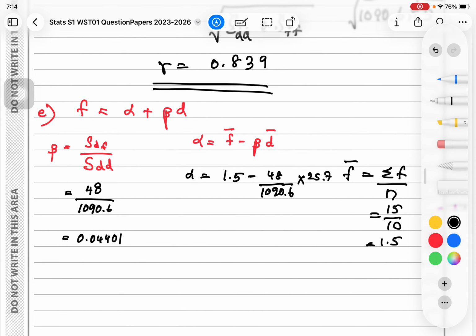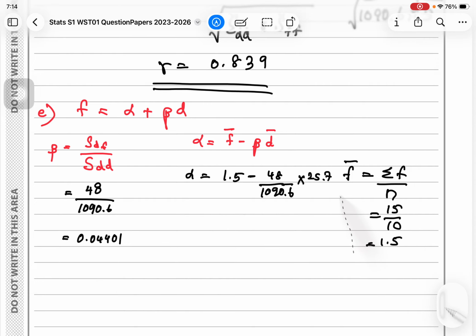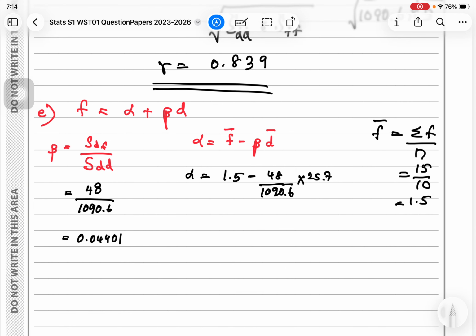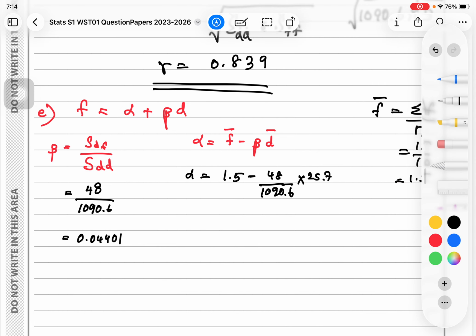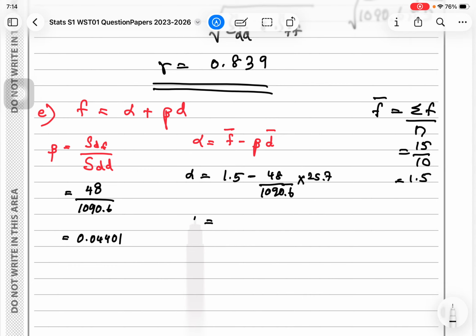Let me move this a little to this side so we have space for alpha. So alpha is going to be 0.3688.